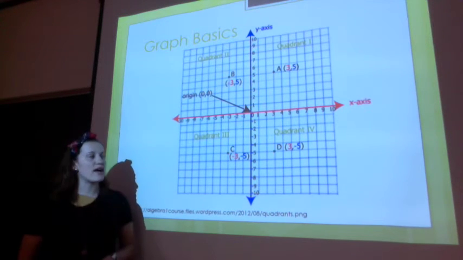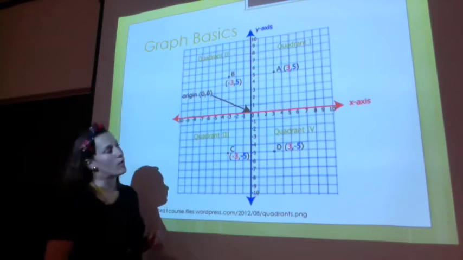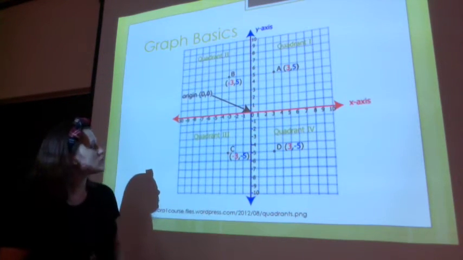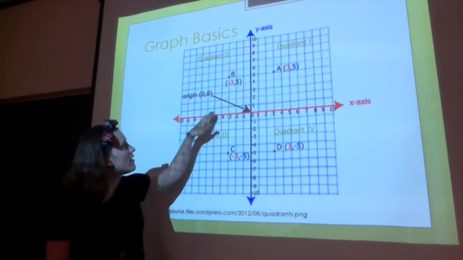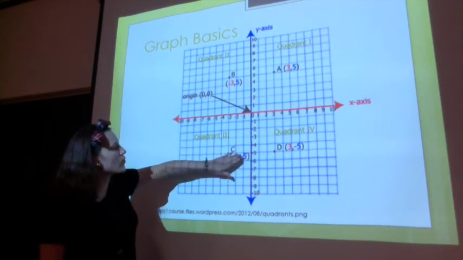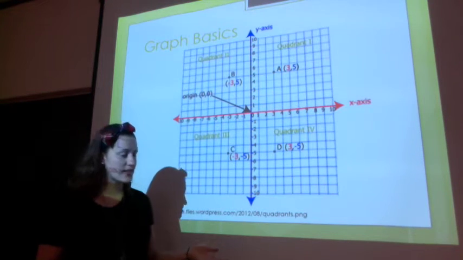So here we have some graph basics, and you can see here that your graph is divided into 4 quadrants: 1, 2, 3, 4. Each of these quadrants is divided by the x-axis, which goes horizontally, and the y-axis, which goes vertically. Each of these points on the graph lines up with different points on the axes.